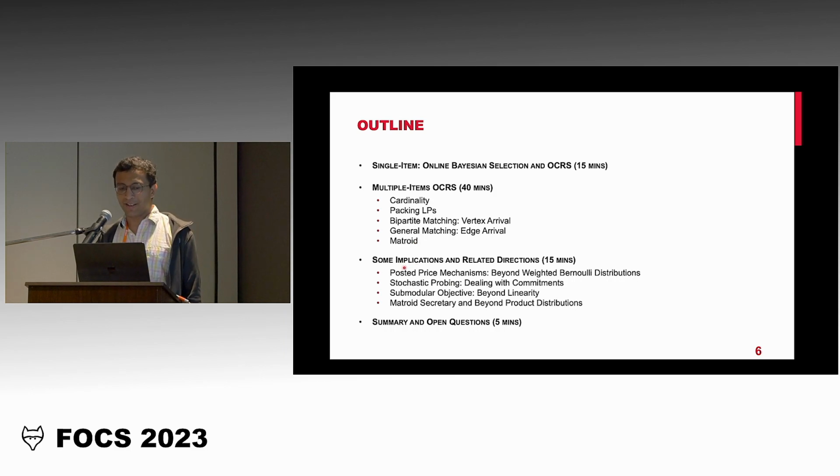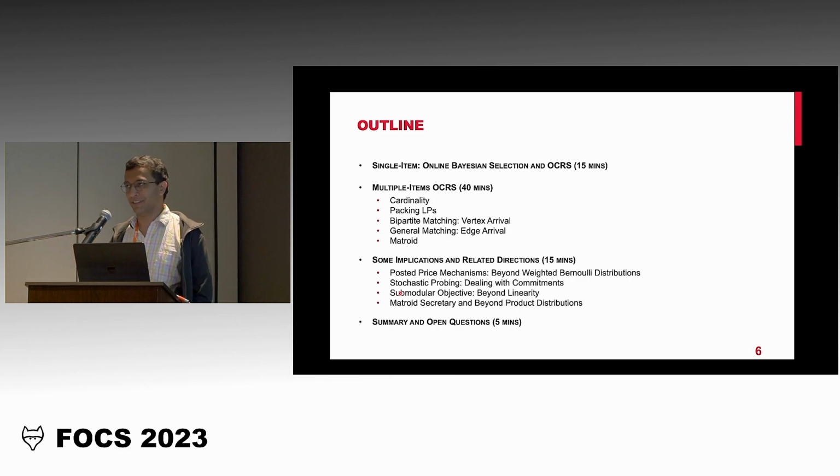And then the third part of the talk will be about some implications to, say, posted pricing mechanisms, which is mechanism design when you're trying to sell an item maybe to bidders arriving, or something like that. There's something called stochastic probing. This technique also has implications beyond linear objectives. If I can guarantee that I'm selecting each element with at least half a chance of what the LP wants, linearity of expectation helps me deal with linear objectives, but it turns out even for submodular objectives, you can actually get something out of it.